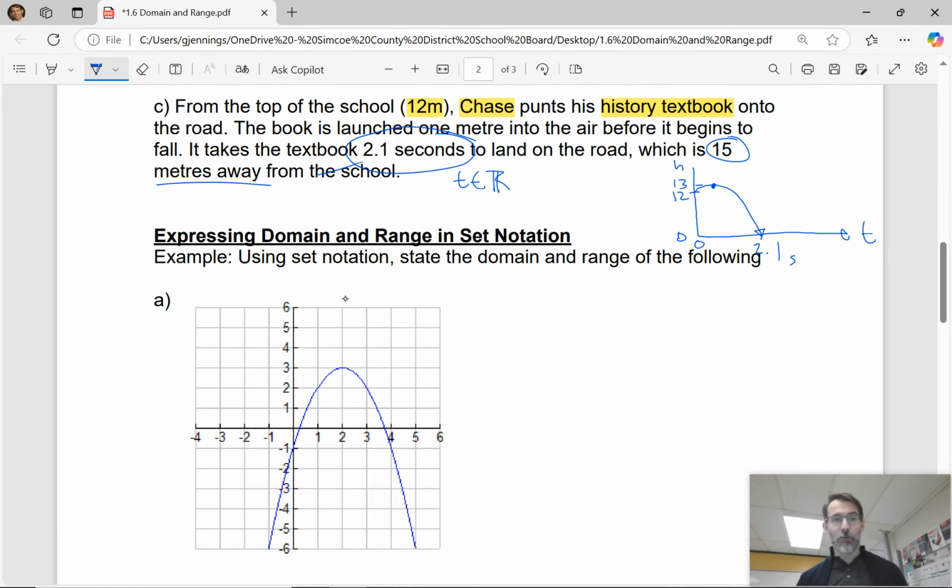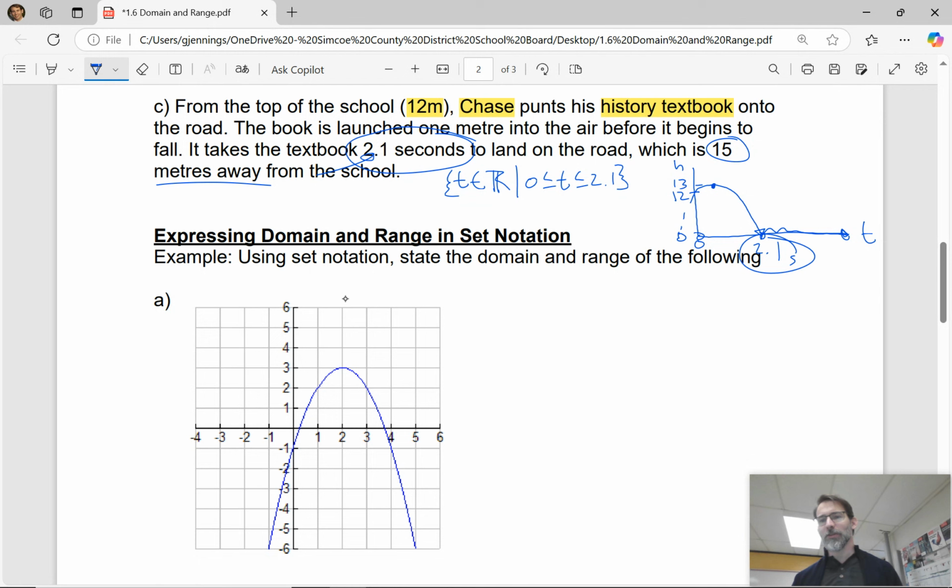We even have 2.1 seconds there. It's definitely of the real numbers, such that 0 is less than or equal to time is less than or equal to 2.1 seconds. Okay? Because we start at 0, the time before that is meaningless. It's not something measured by this function. And the time after 2.1 seconds, I mean, maybe the book bounces or something and then stays flat, but it's a different function. Like it's something different is happening to its height there.